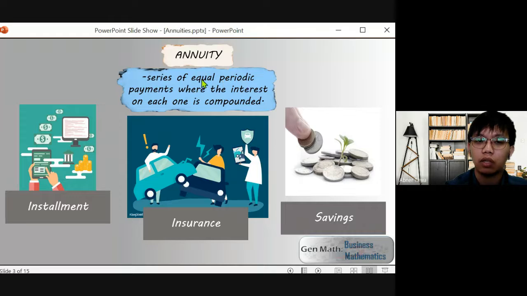And periodic payments means paulit-ulit. Equal means it could be every year, every month, every 6 months, or every 3 months, or others. And the interest on each payment is compounded.